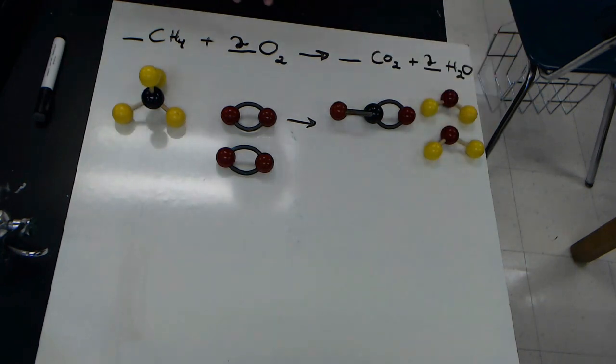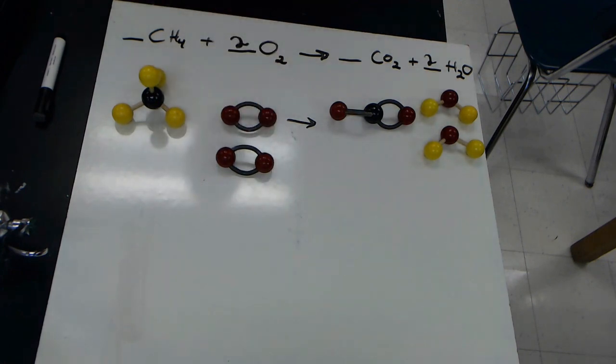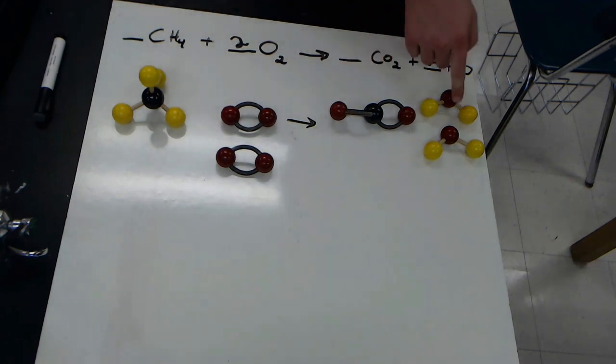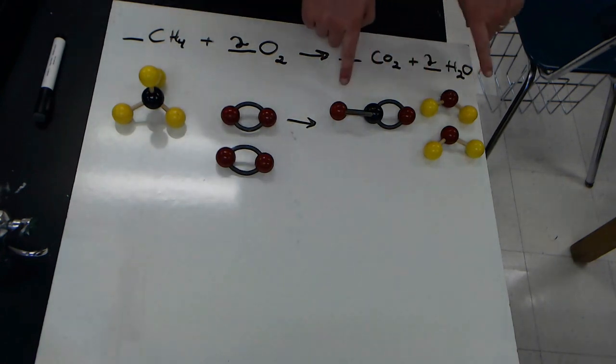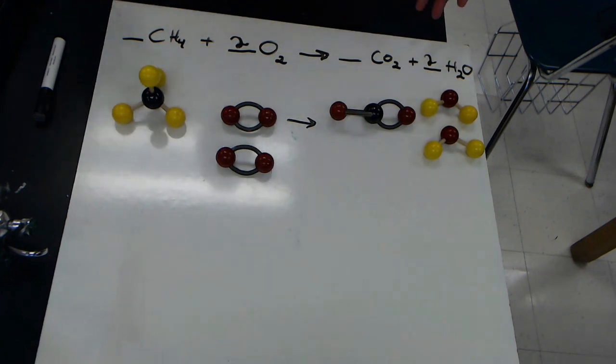Cool. I have 4 red oxygens, and over here I have 1, 2, 3, 4 red oxygens. Yes, they're in different chemicals, but again, all we're doing is comparing the left side to the right side. And so now the whole thing is balanced and the problem is done.